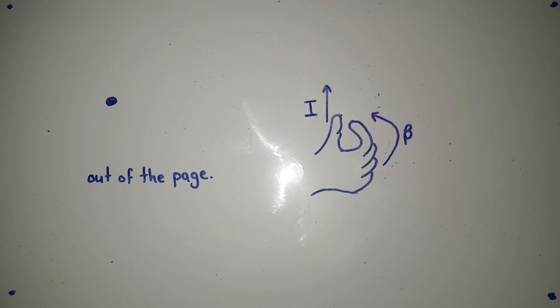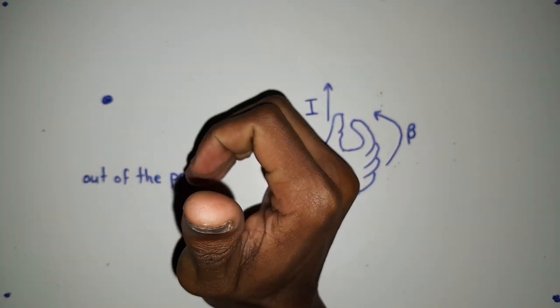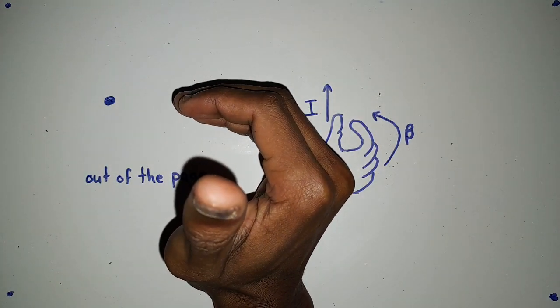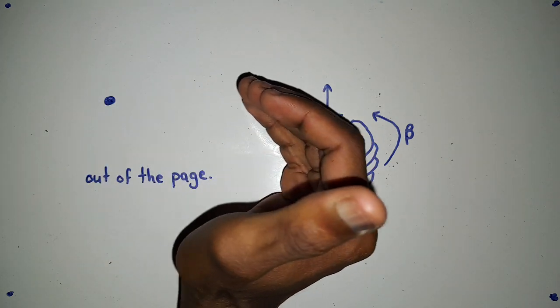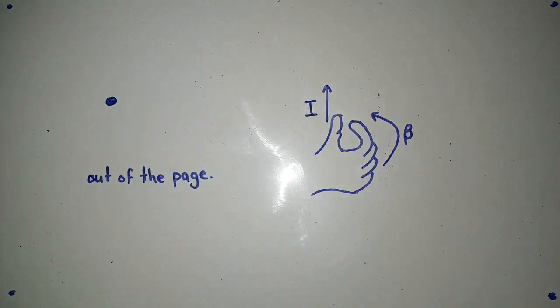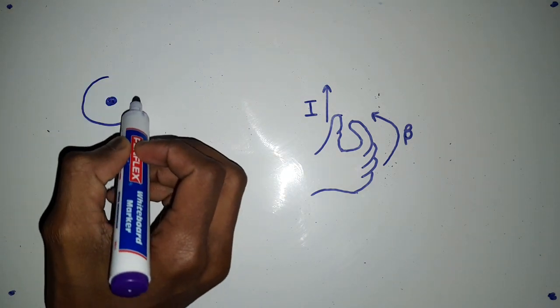In this given situation, the current is moving out of the page, but as for the magnetic field, it is going to move like this, anti-clockwise.